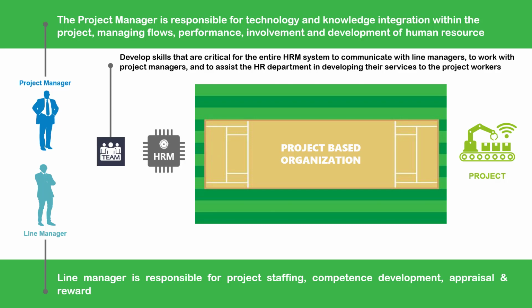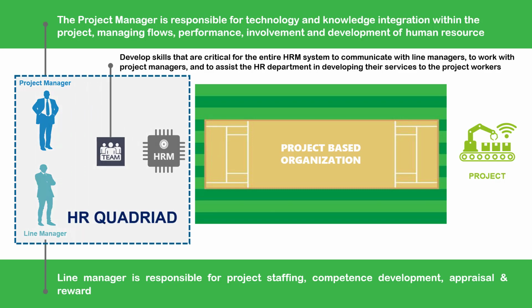The line manager is responsible for project staffing, competence development, appraisal, and reward. And the role of individual workers is also important as they develop skills that are critical for the entire HRM system to communicate with line managers, to work with project managers, and to assist the HR department in developing their services to the project workers. We call these four players the HR quadrille.